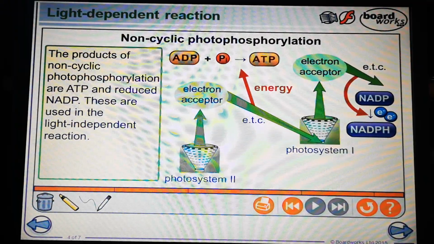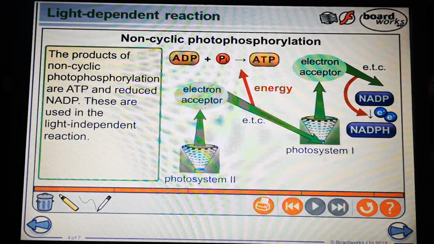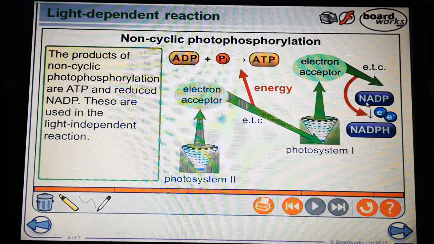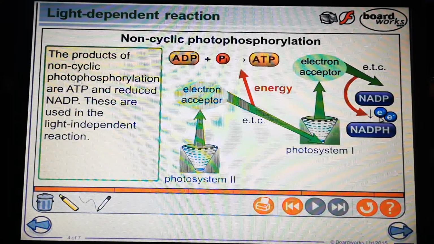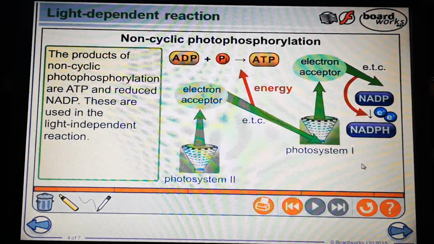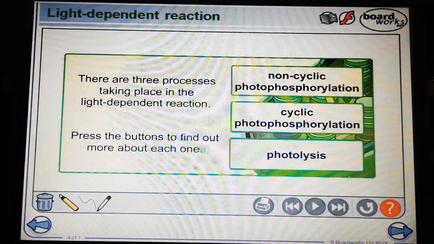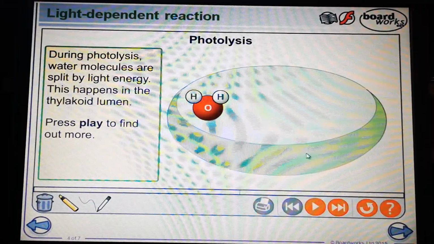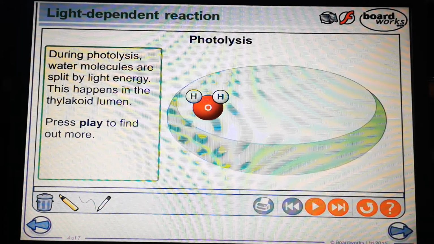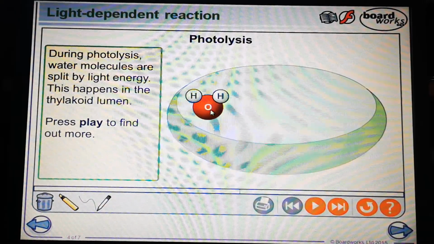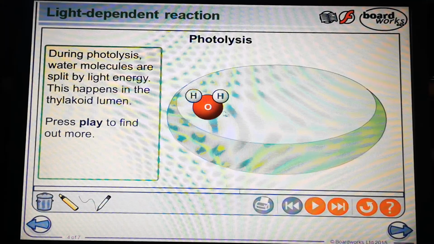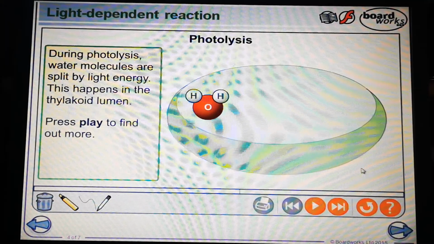Now, I was talking about the coenzyme NADP being able to pick up protons as well as electrons. But where are those protons coming from? So if we go back here, it's all to do with photolysis, the splitting of water. So we are now in the thylakoid lumen, that's the middle part of our thylakoid.